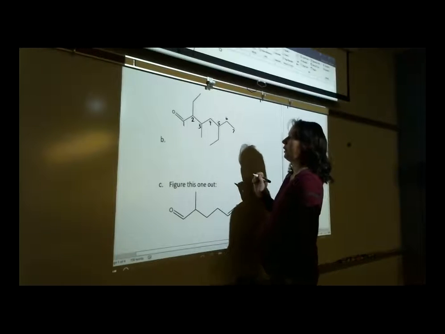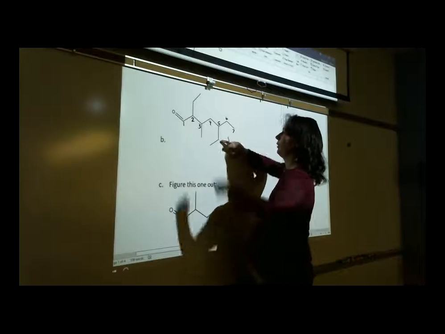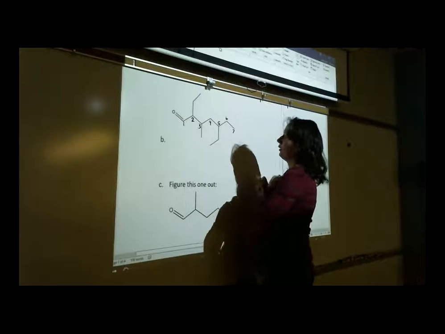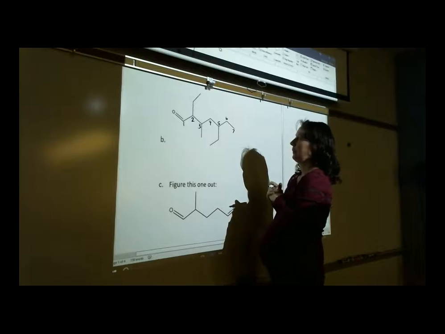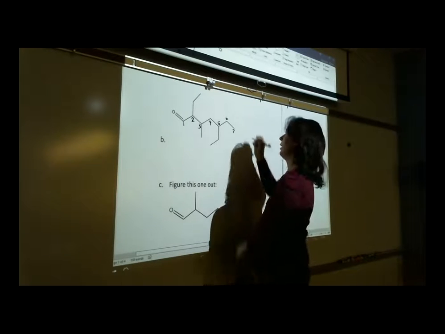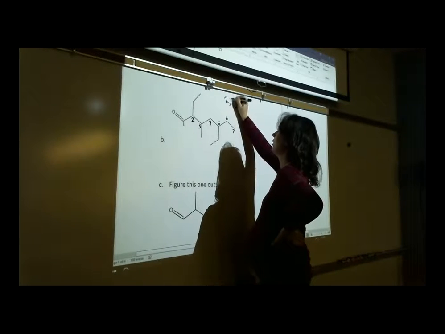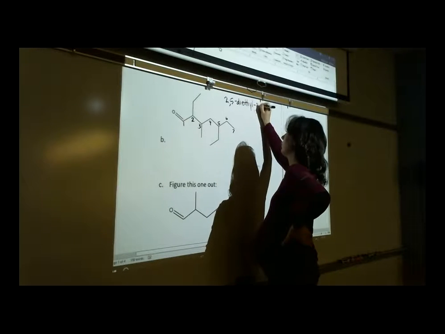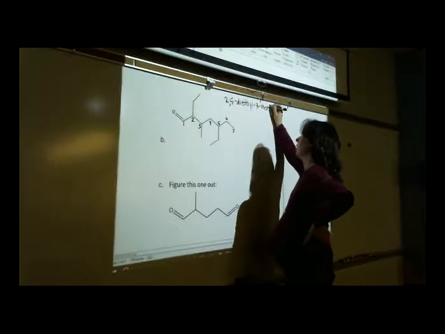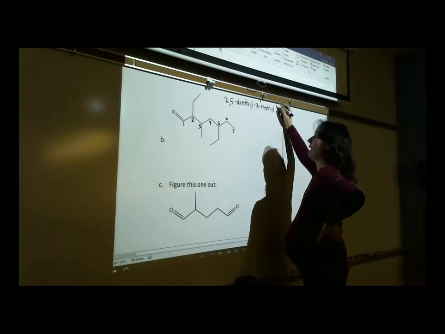All right, so what kind of group do we have on 2 and 5? And then what's this? So what comes first? The ethyl groups, so it would be 2,5-diethyl, 3-methyl, heptanal, right?